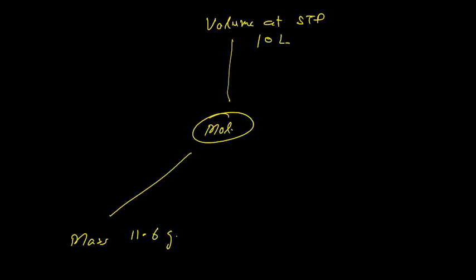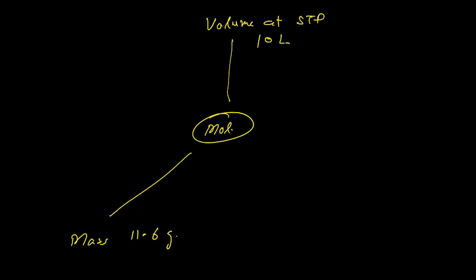But how much is the volume at STP of 1 mole? 22.4. And 22.4 liters weighs equal to how much? 11.6 divided by 10 into 22.4. Yeah, that's fine. But if I'm talking about 22.4 molar volume, its weight will be equal to its molar mass. Is that clear or not?